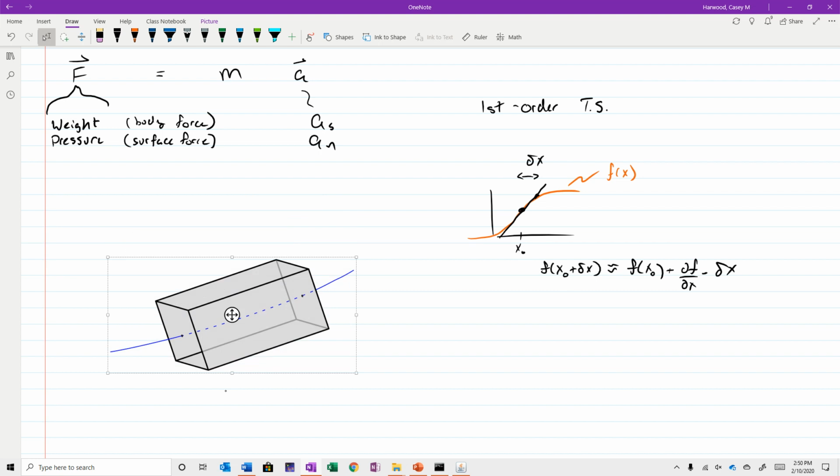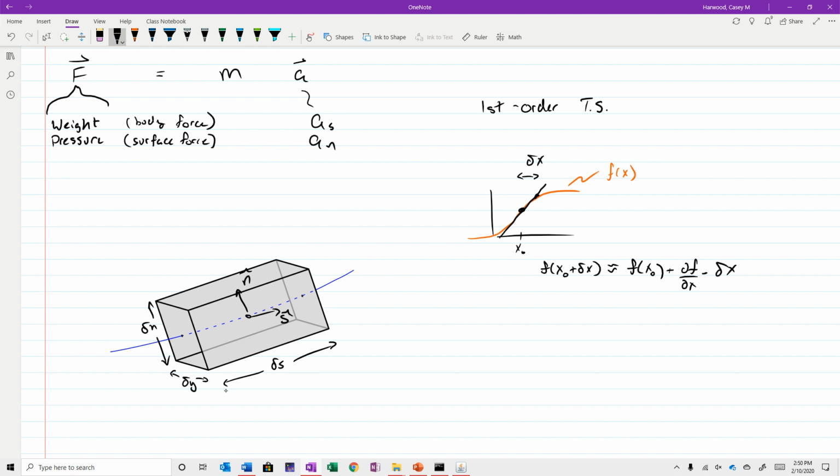Okay, so we've got this fluid particle. It's this sort of rectangular prism that is moving along a streamline. Let's go ahead and draw in a coordinate system. So we've got our streamwise coordinate, our normal coordinate. We'll say that this has side lengths of delta S in this direction, delta N in this direction, and we'll say it's delta Y across.